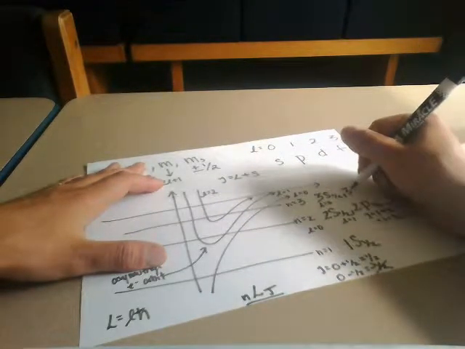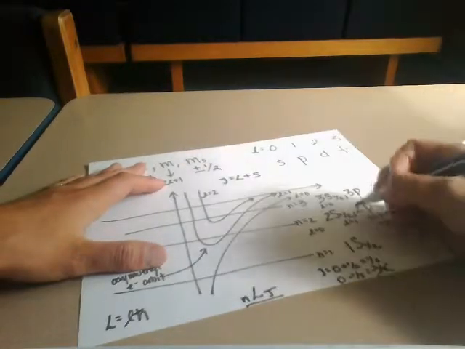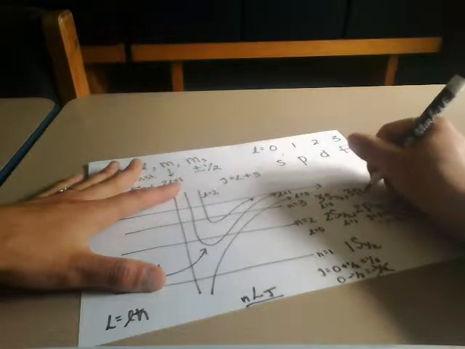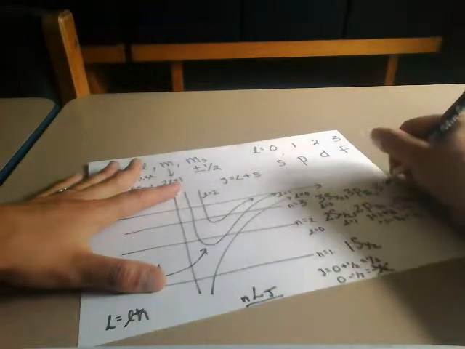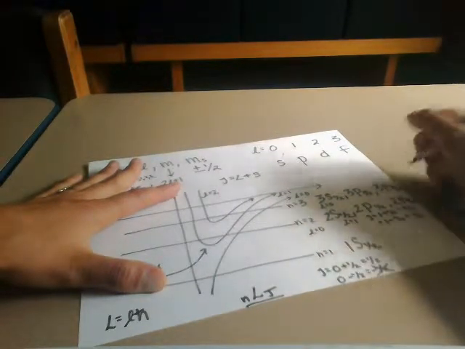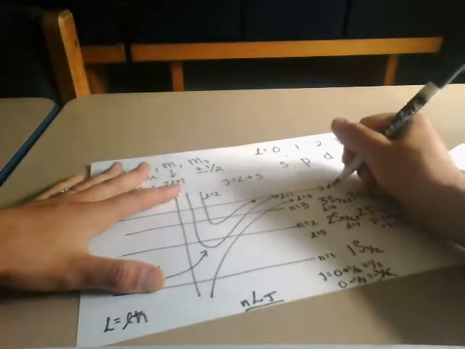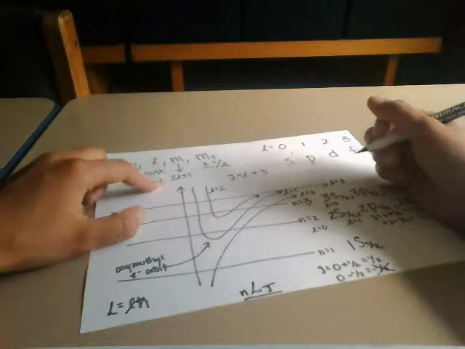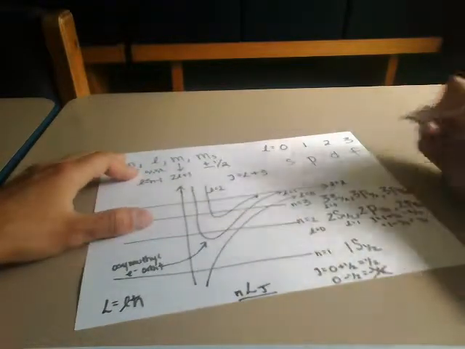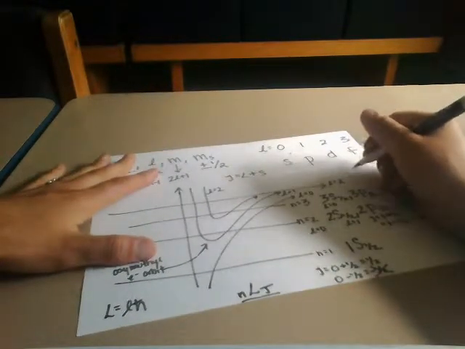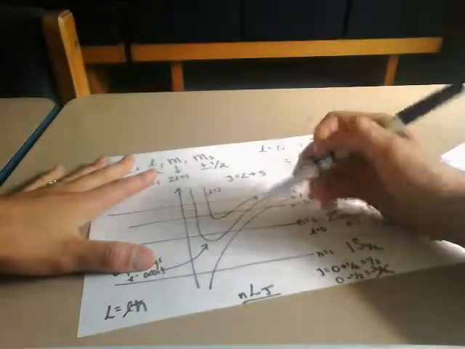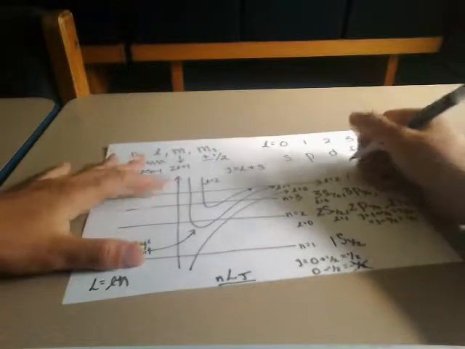L can also be 1, which is P, where our J's can be 3/2 and 1/2, which we already showed. But L can also equal 2, since 2 minus 1 is 1, which is still less than our energy level, which is 3. So when L equals 2, we still have our N equals 3 in this form.